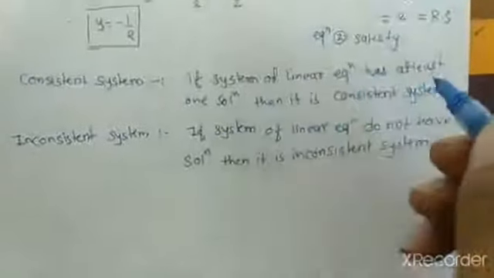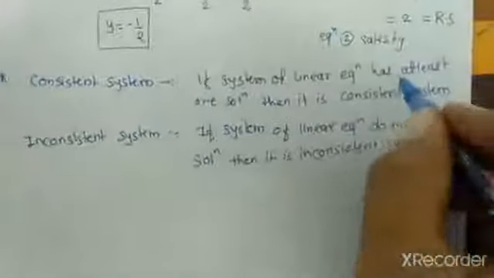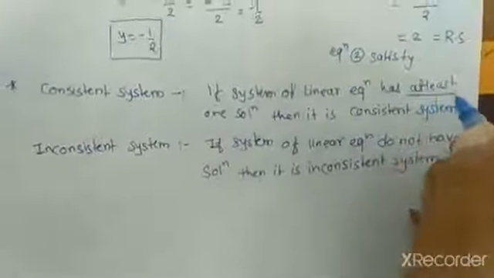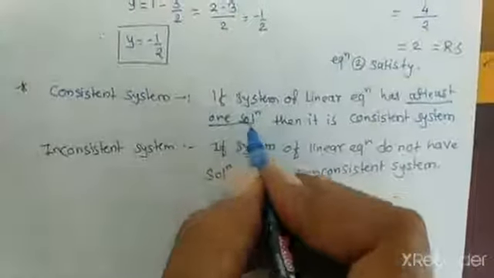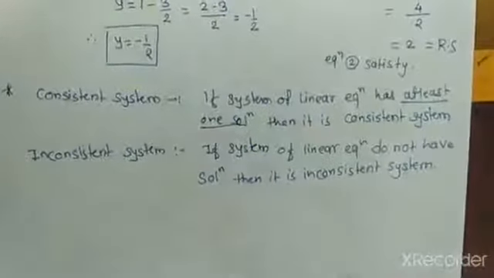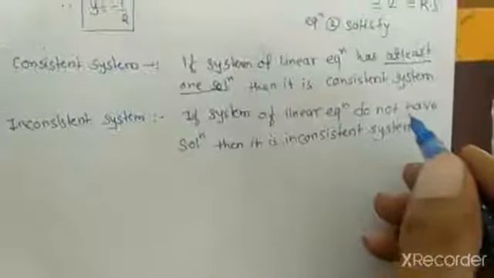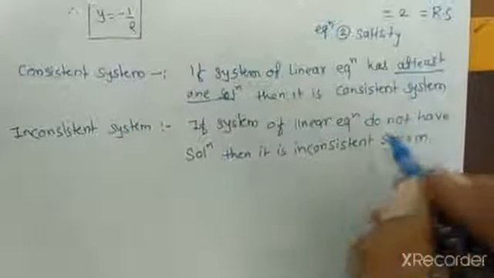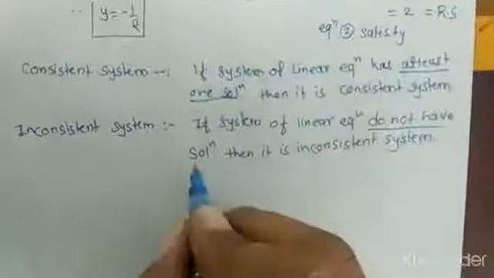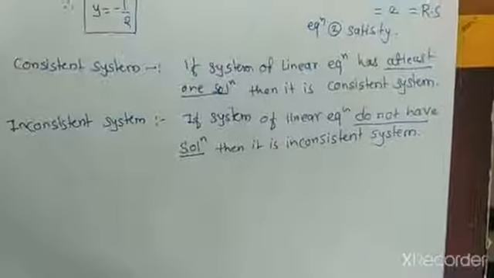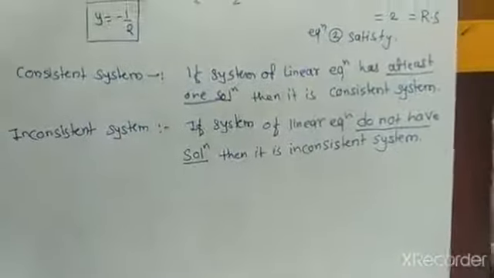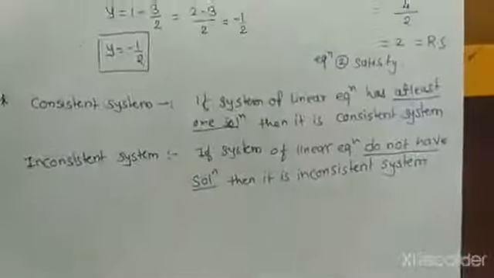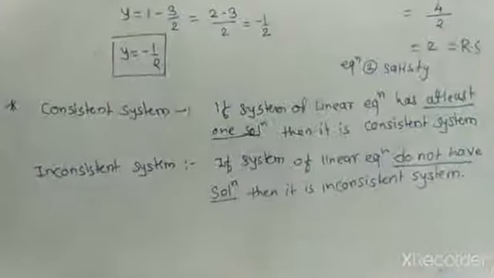There is a difference between these two. Consistent system has at least one, minimum one solution, and an inconsistent system does not have a solution. Okay, this type of question is asked in fill in the blanks, so remember it.